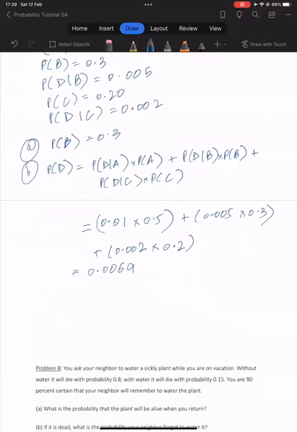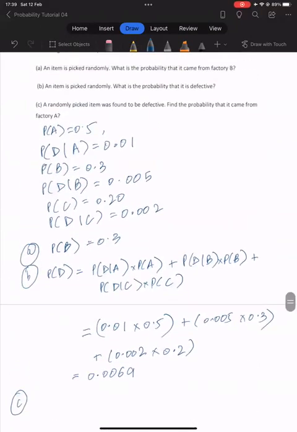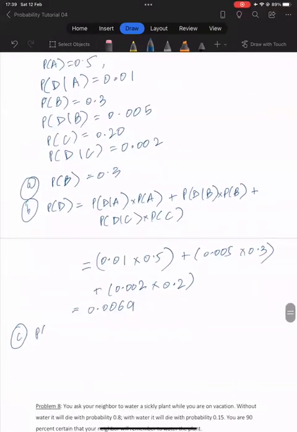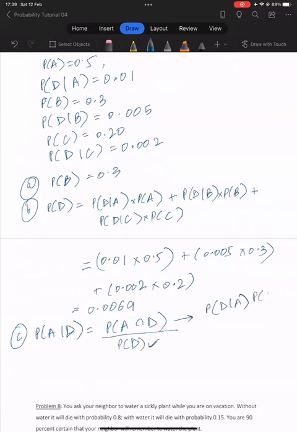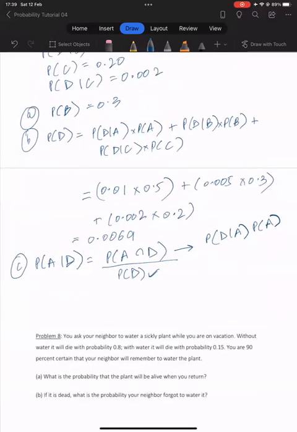ठीक है, and then part C is a randomly picked item was found to be defective. Find the probability that it came from factory A. Given that it was defective, हमको find करना है कि ये A से आया है, so we need the intersection and the probability of this हमें B में मिल गई है. This we can also find through Bayes conditional probability का rule use करके.